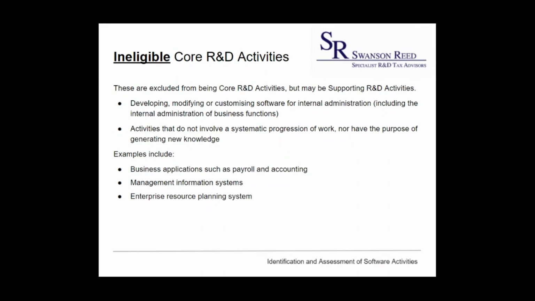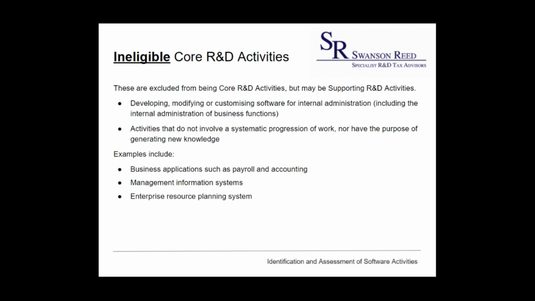It's also important to note that there is a list of activities specifically excluded from being core R&D activities. These, however, may be supporting R&D activities if they're directly related to one or more core R&D activities and they're undertaken for the dominant purpose of supporting core R&D activities.